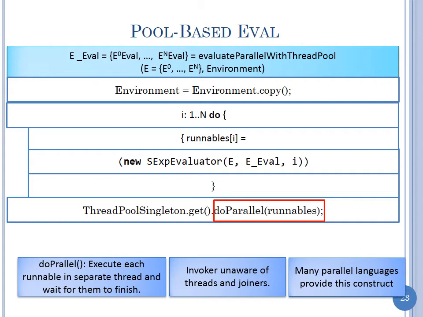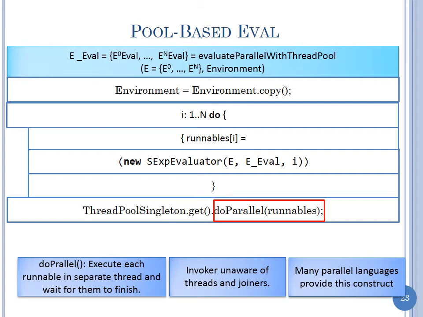This do parallel construct exists in many languages. Here we are representing the piece of work in a runnable object. In programming languages, the piece of work happens to be some syntactically defined construct, but conceptually it's the same thing. If we get time, I'll show you the exact constructs that some programming languages have had.